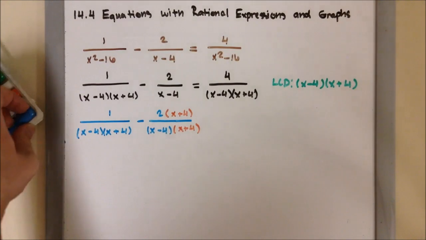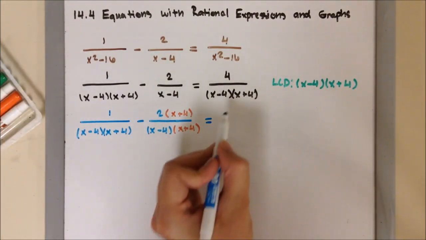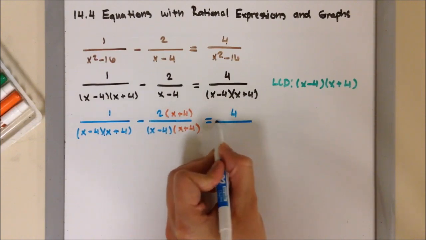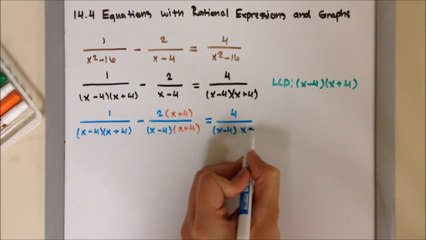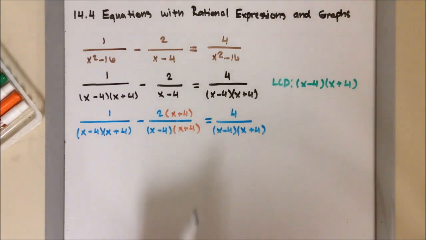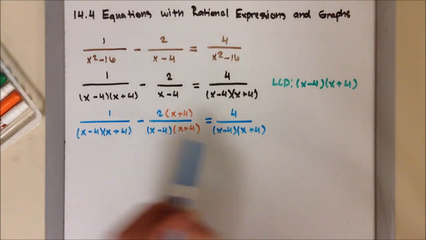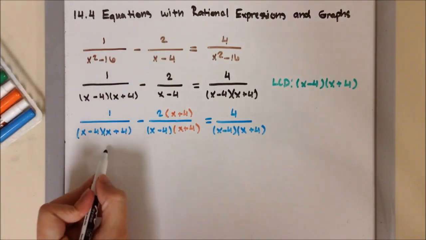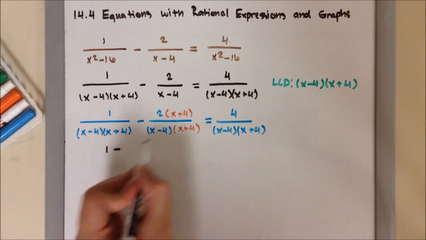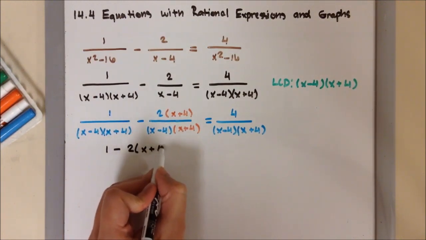Last, the third fraction behind the equal sign has both factors from the LCD, so it'll stay the same. Now that all three fractions have the same denominator, you just focus on the numerator. So let's bring down the numerator. 1 from the first fraction, bring down the minus, bring down the 2 times x plus 4.